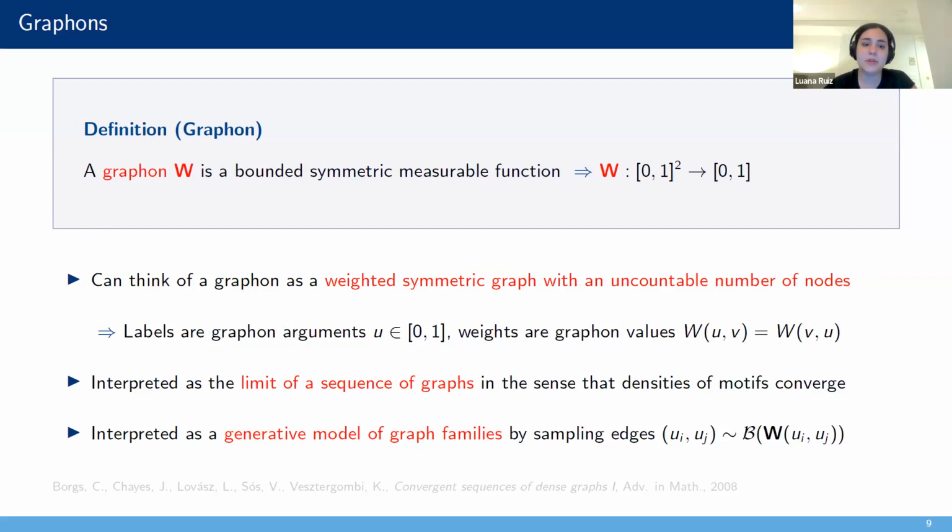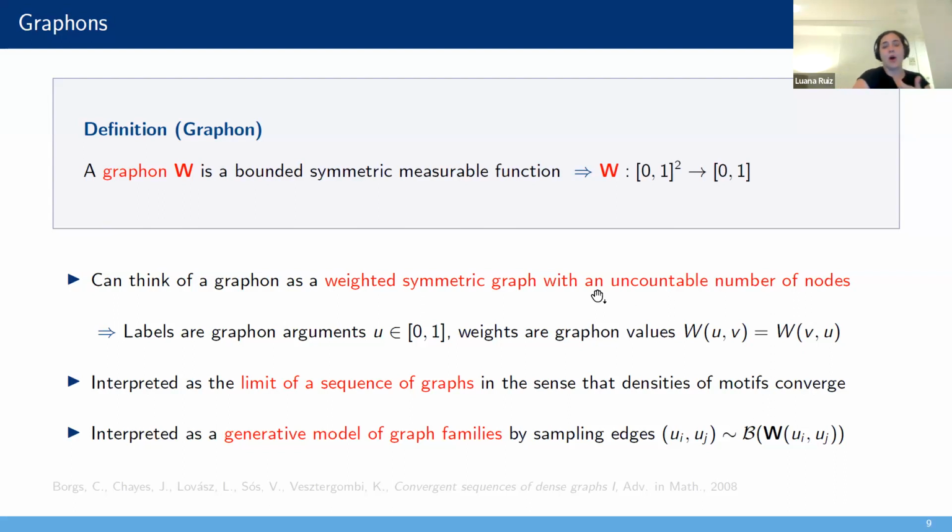But the way in which we think of graphons here, or that is easiest to interpret, is as a weighted symmetric graph with an uncountable number of nodes, where the nodes are the points of the unit interval and the edge weights are the graphon values evaluated at the points, at the labels u_i, u_j.